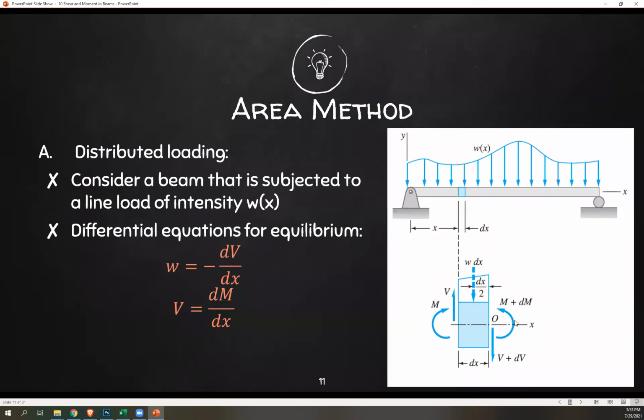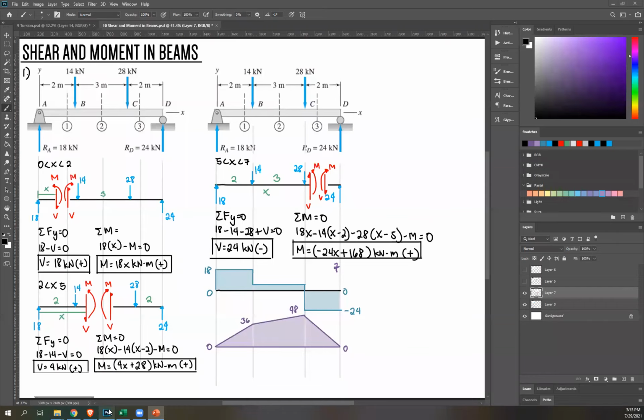That's why here, for the total moment on the right side, it's M plus dM. Same thing with shear. So we have shear force here, and because of this load, there's going to be a differential reaction. That's why there is V plus dV here as well. So in order to get those equations, let's derive.